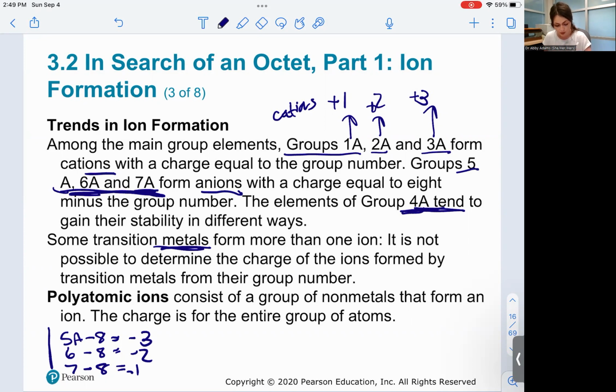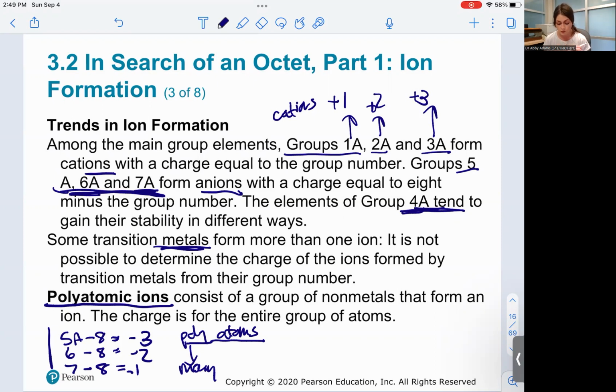All right. So polyatomic ions, what does that mean? Poly means many. Many atoms. Polyatomic ions, right? So basically, this is for the group of nonmetals. This is what happens whenever they form an ion where they can have several atoms put together.